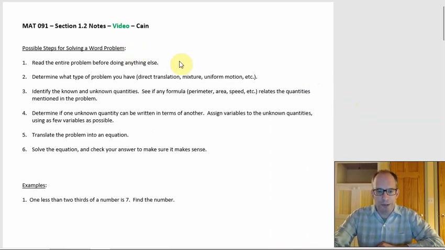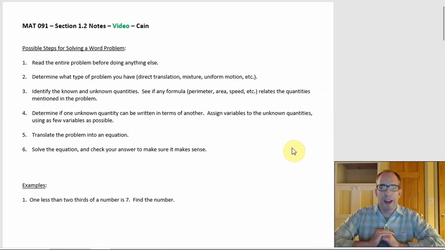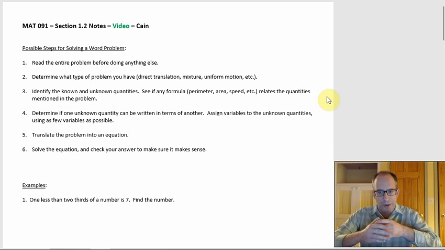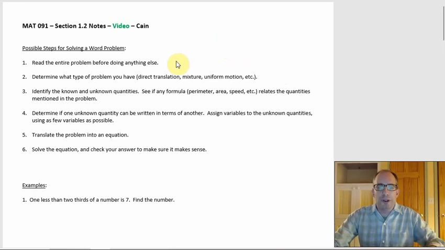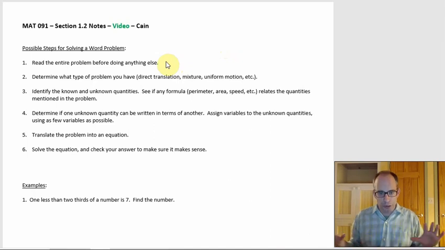So I wrote out some steps here that don't necessarily apply every single time, but I think we're pretty close to it. Not every problem is going to have a formula that goes with it. But as a general strategy, and there's another one in the book that's slightly different from mine but basically the same idea: first of all, and I'm certainly guilty of this one, make sure you read the whole thing before you do anything.